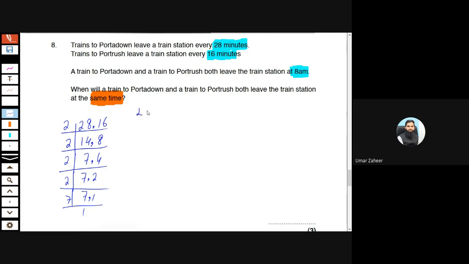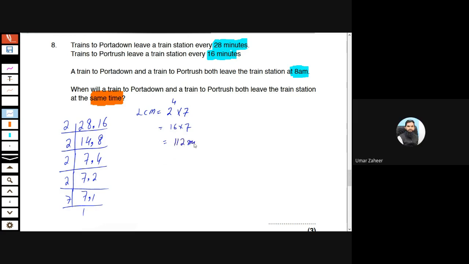So we are getting the LCM, that is 2 raised to power 4 times 7. So 2 raised to power 4 is 2 times 2 is 4, 4 times 2 is 8, 8 times 2 is 16, and 16 times 7 is 112.